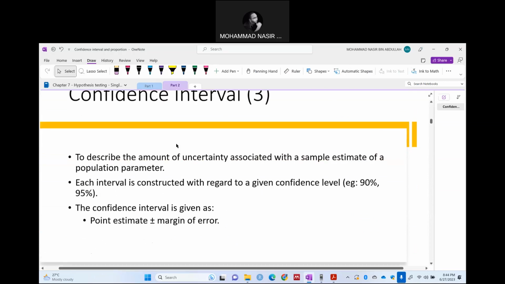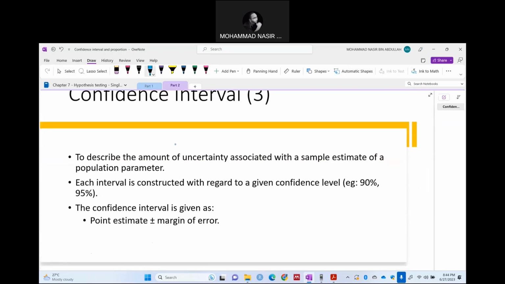Basically, the formula to calculate the confidence interval is the point estimate plus or minus the margin of error. The margin of error is the standard deviation divided by the square root of n, which is the general standard form of margin of error, multiplied with the critical value.